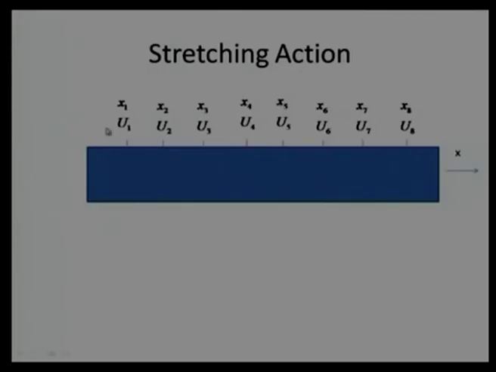If I take different sections, say plate at section x1 has a velocity u1, plate at x2 velocity u2, plate at the x3 position has a velocity u3. Similarly, plate at x8 has a velocity u8.